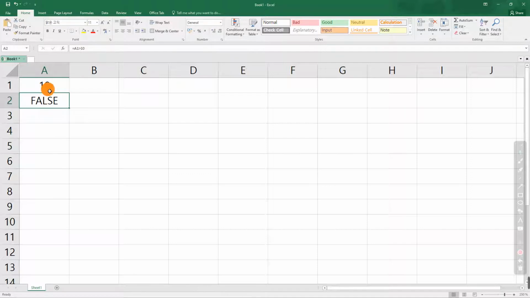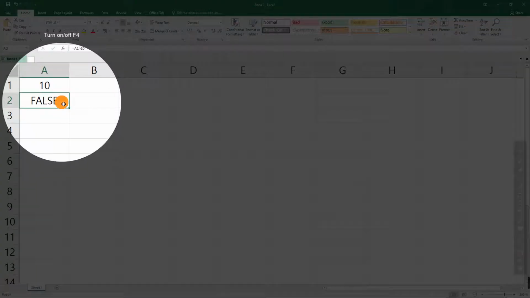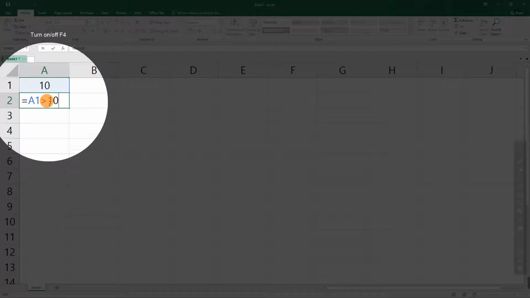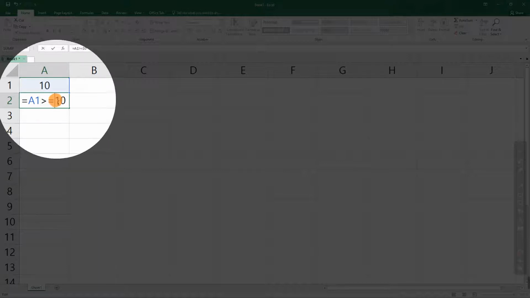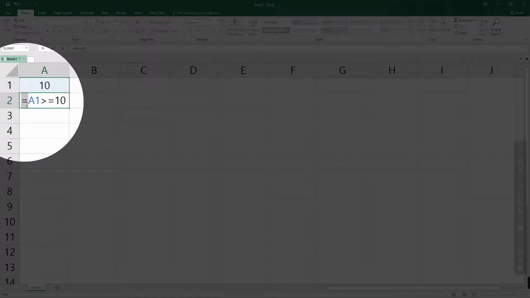Okay, so I have 10 here. 10 is greater than 10 returns false. So now let me modify it. Instead of using greater, I will use equal. Okay, so here, don't be confused, we have two equal signs.